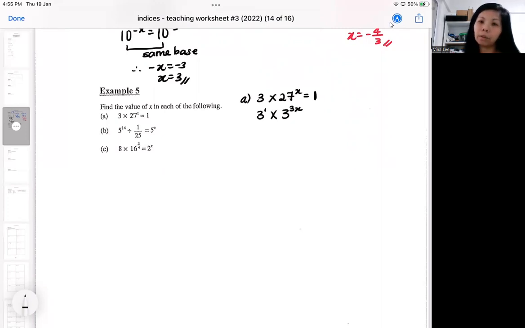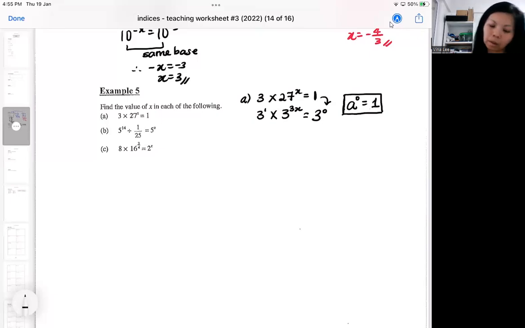I change the 27 to 3 cubed, and with the double power, I actually get the power of 3x. And here I can change it to 3 to the power 0. The rule that I'm using is this one: it can be any base that we want. Then this will be the same base multiplication, rule number 1. Rule number 1 allows me to add the power, and I eventually got the same base. So you compare the power, and you get the x.